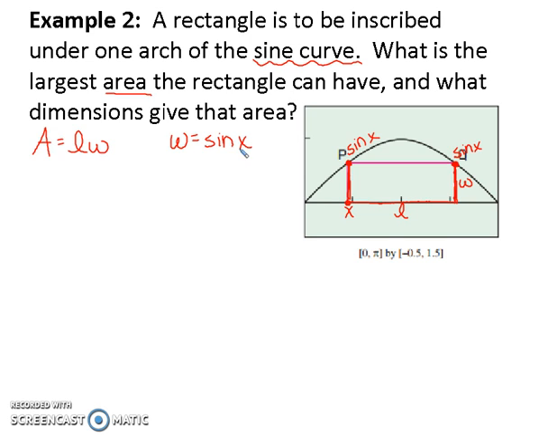So now it would be great if I could figure out a way to represent L also in terms of x. So I'm going to look along the x-axis. Let me erase the stuff that I've already drawn here so that you can see where I'm going with this. So this right here is L. If this is x, then that means that this right here is x units long.